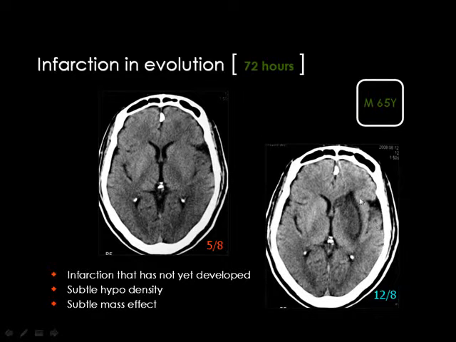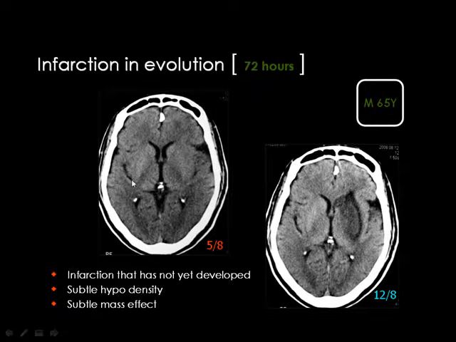This infarction, which appeared some time after the onset of the stroke, is known as infarction in evolution. And for infarction in evolution, the maximum time for the infarction to appear in the CT scan is about 72 hours after the onset of symptoms.